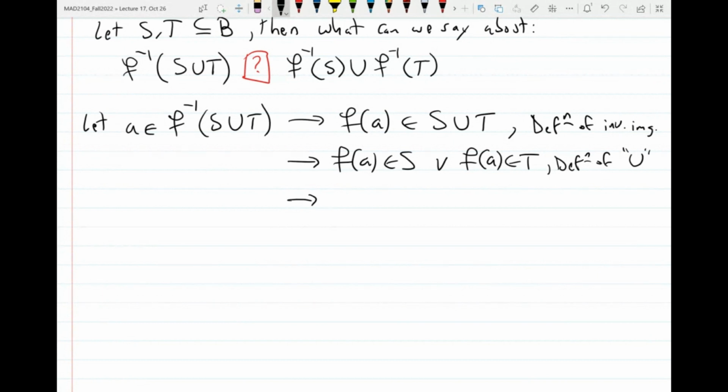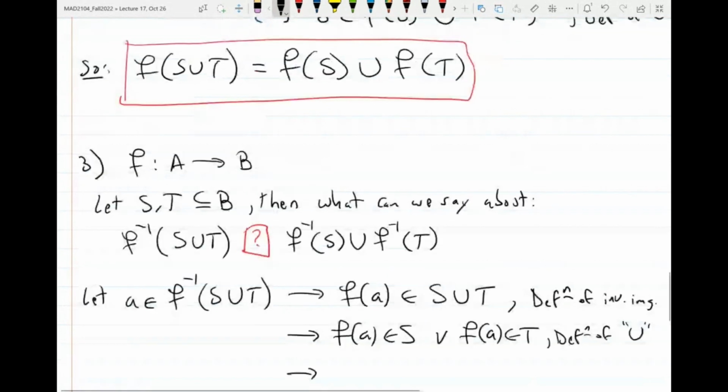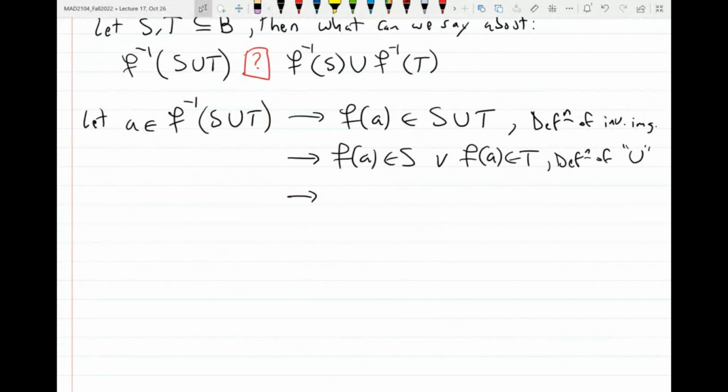No, F of A is in S. So what can I say about A? Here is B, here is S, here is capital A. You have your function going this way. And then somehow there is an A here that goes in S.